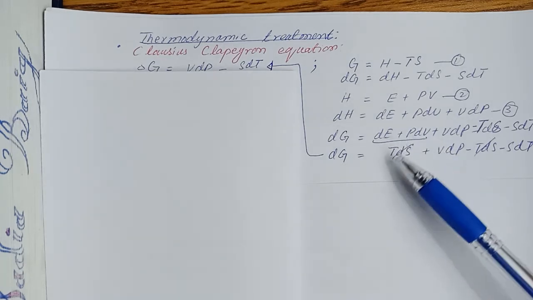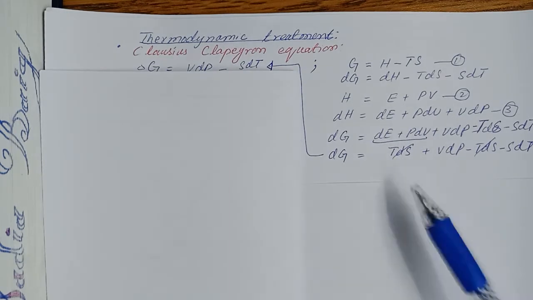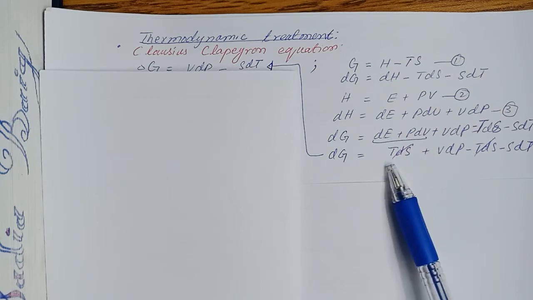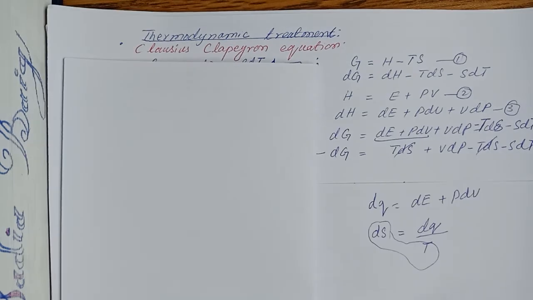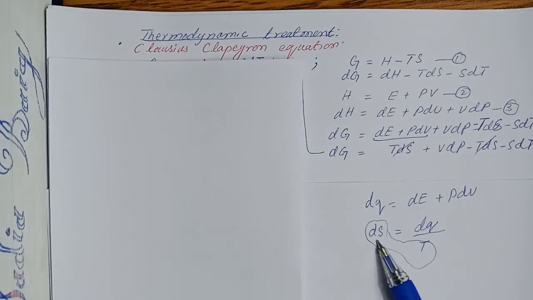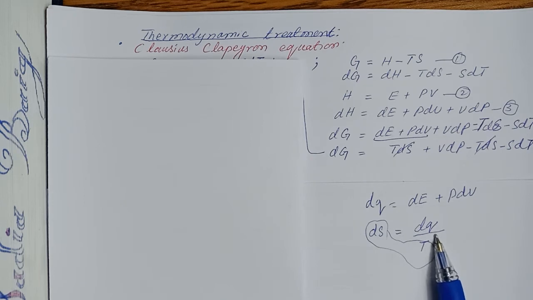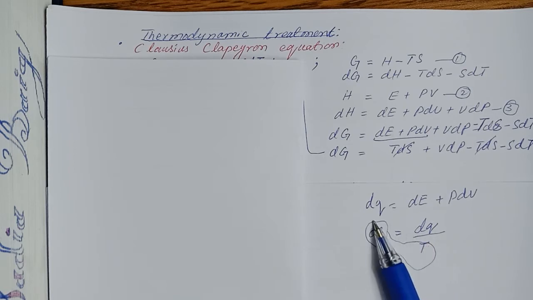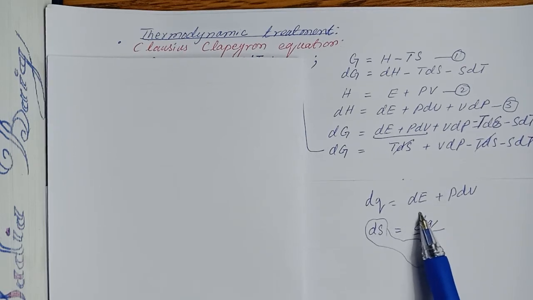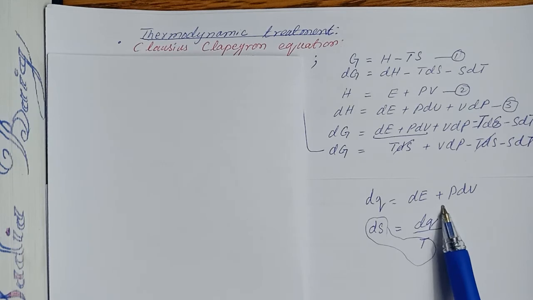This term is equal to the amount of heat energy change, that is the term T del S. So the term T del S is coming from the entropy term, that is the change in heat content of the system at constant temperature, and this heat content is expressed in terms of internal energy change and pressure-volume work.